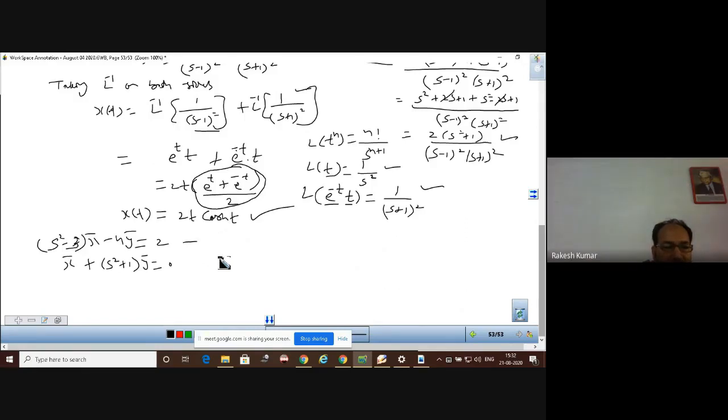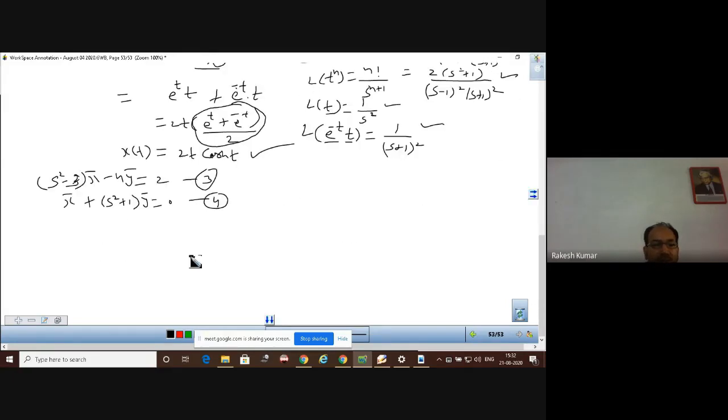Now you can simplify these equations again for y bar. If you want to find out y bar, you need to eliminate x bar. So what will you do? You just need to eliminate x bar by multiplying this equation with s square minus 3 and subtract.